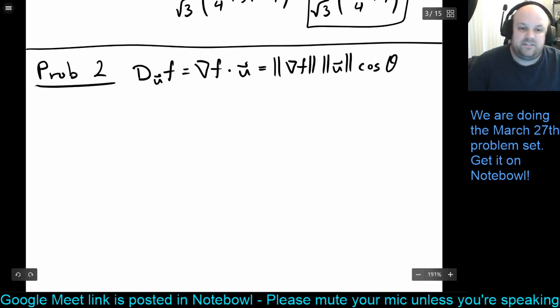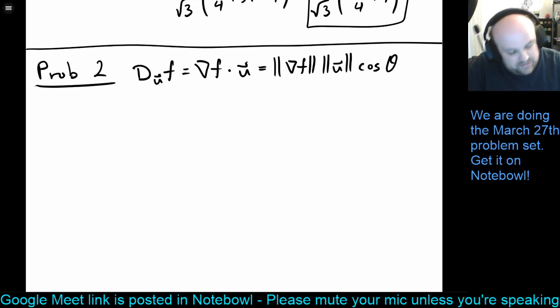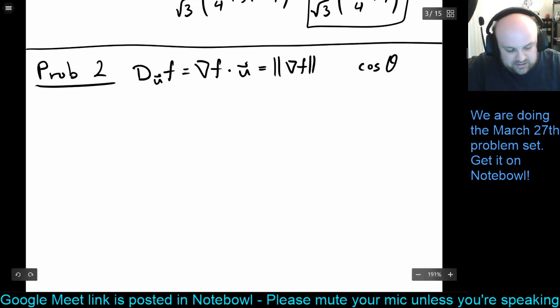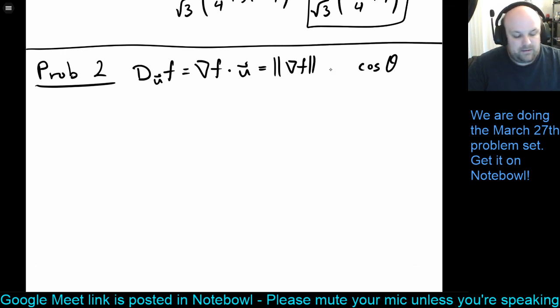And the whole idea of this came down to, well, this is always 1, so we can just ignore that. And the way we make this as large as possible is when cosine of theta is 1, because cosine only gets less than 1. So when theta is 0, that means these two vectors point in the exact same direction. Sorry. So they're not just parallel, but they're in the same direction exactly.